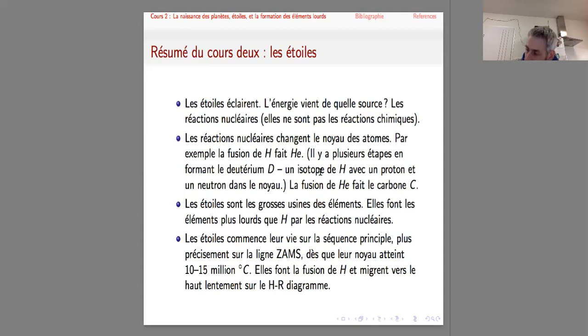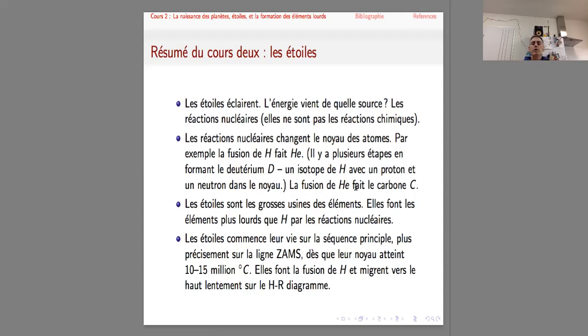I should have emphasized that different processes happen in different sized stars. But for a star like the sun, mostly we have the proton-proton chain, in which the first step is to form a deuterium, which is a very slow process for a star like the sun. This ultimately leads to helium.